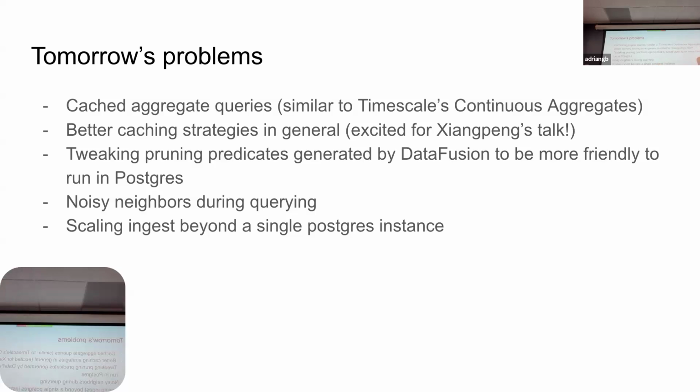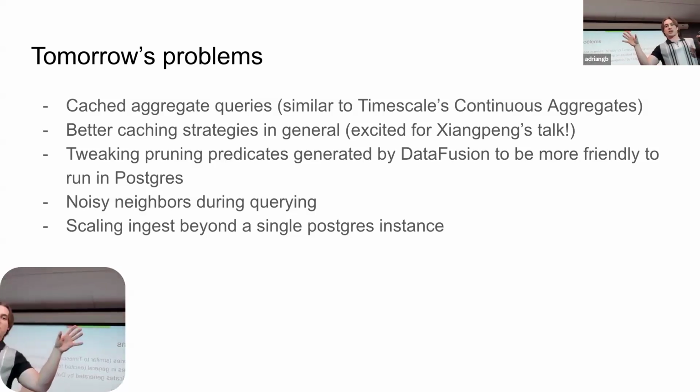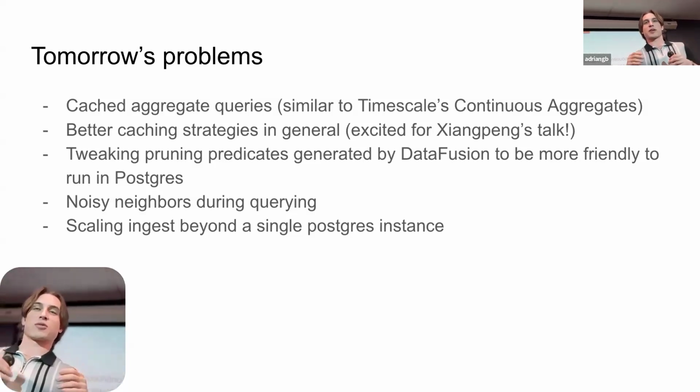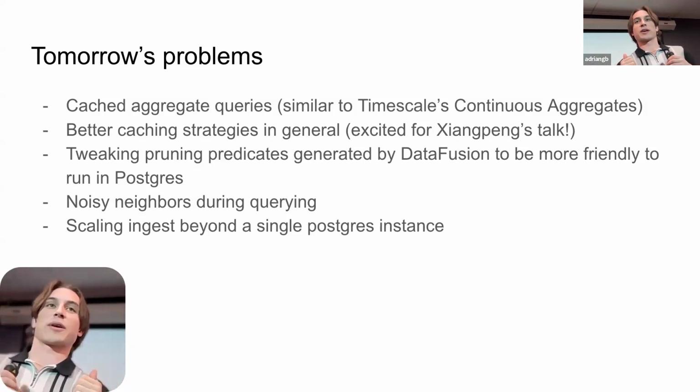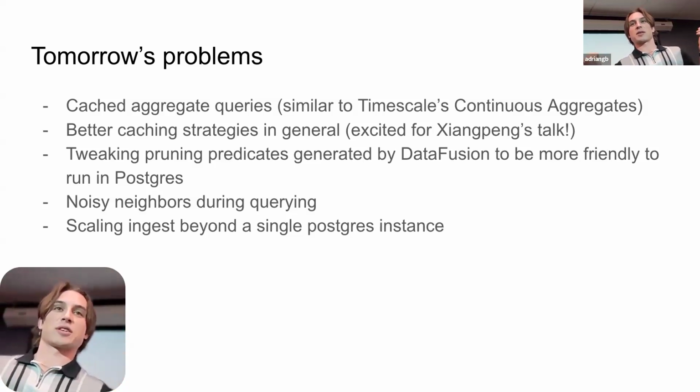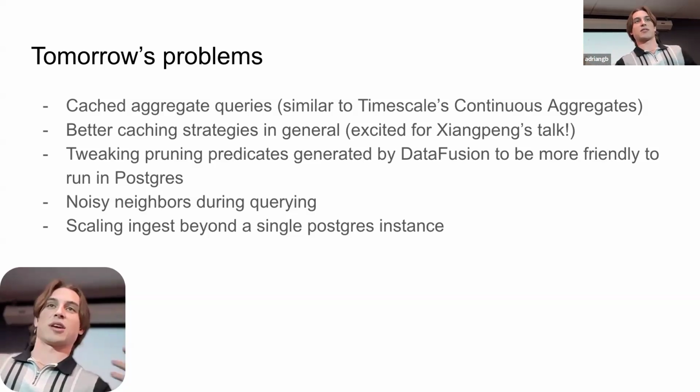Then there are other interesting parts of building a query engine system, and one of them is noisy neighbors. It's a hard one. You set up DataFusion and have it running, and you get one query, you get another query, everything seems fine, until someone sends you a really heavy query, and then someone sends you a light query, and now that light query is all of a sudden timing out because the other query is going to time out anyways, and so everything's timing out and no queries are running because one person sent a heavy query.